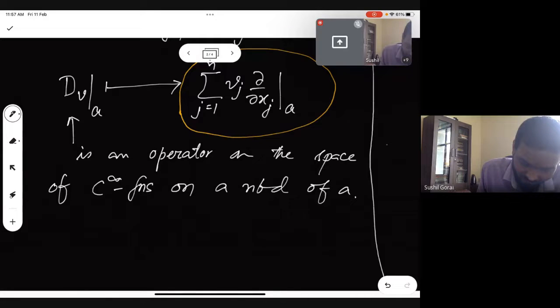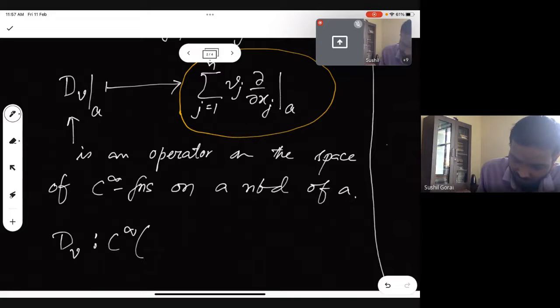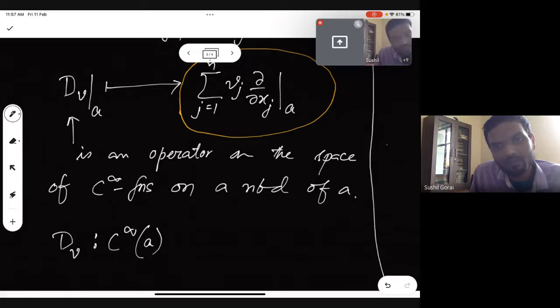So you apply D_V on C infinity functions near A. I write A because it is in a neighborhood, any neighborhood. We are not fixing a neighborhood.